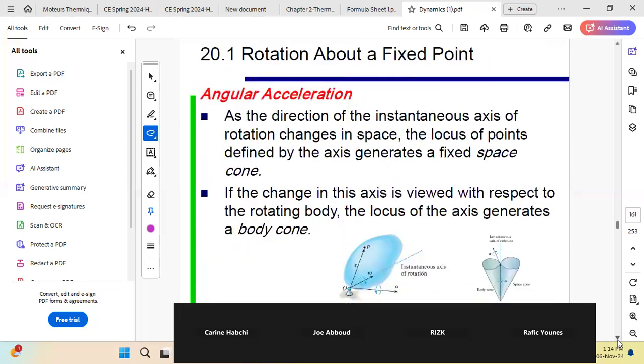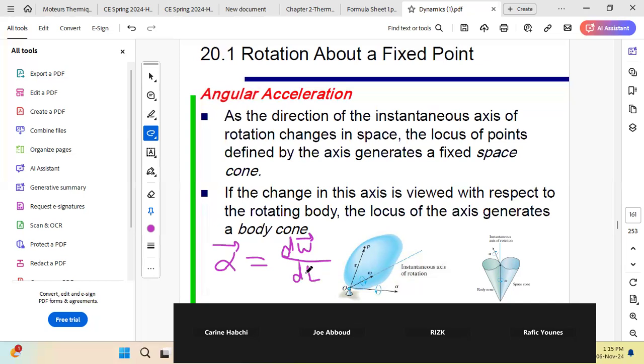And as the direction of the instantaneous axis of rotation will change in space, this means that omega is variable not only in magnitude, but also in direction. That's why alpha vector, which is the derivative of omega with respect to time, will have a different direction from omega.